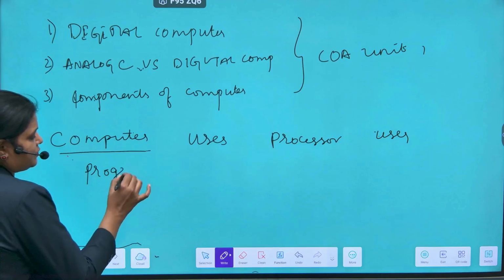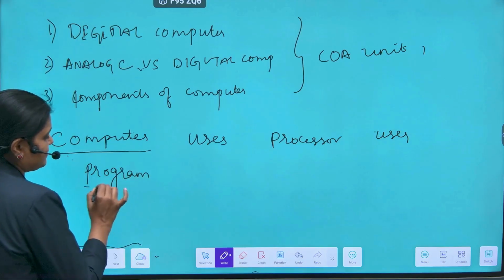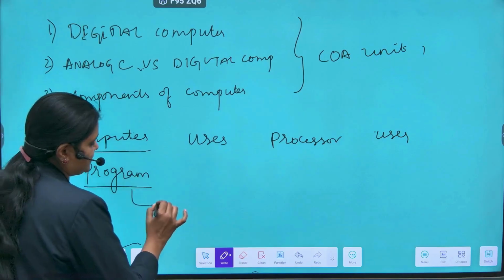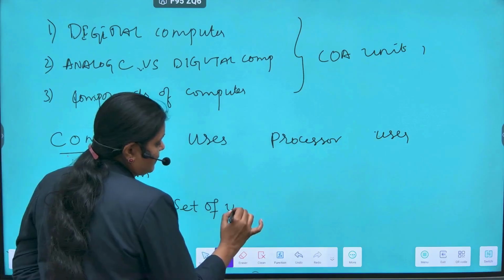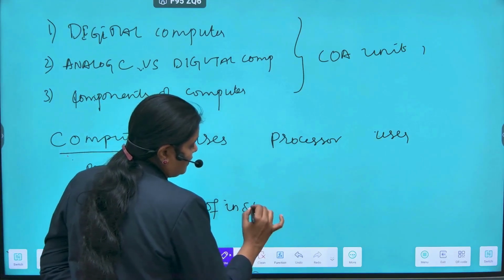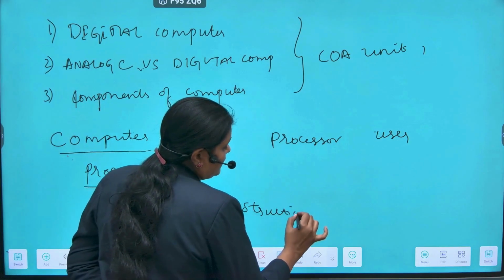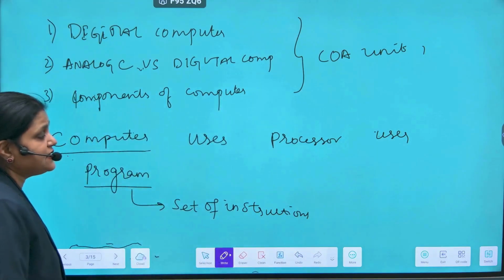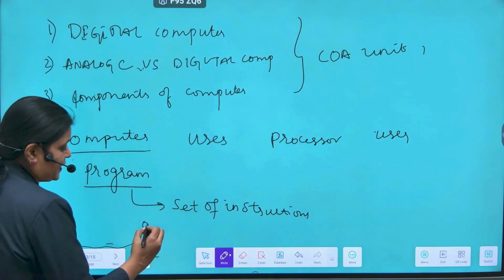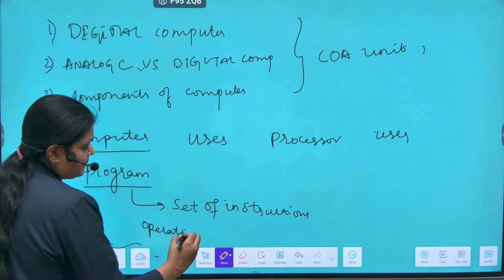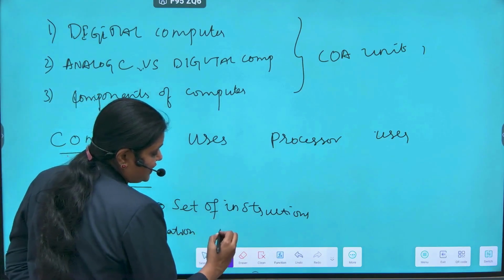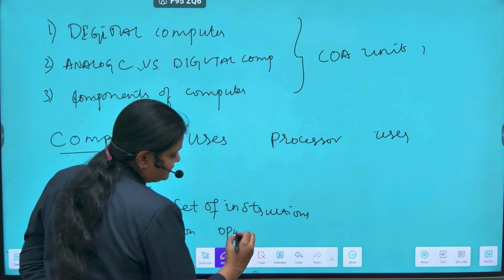So what is a program? A program is a set of instructions. Each instruction consists of the operation to be performed and operands.